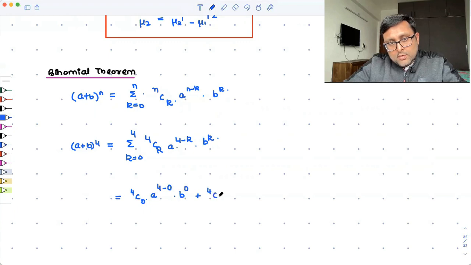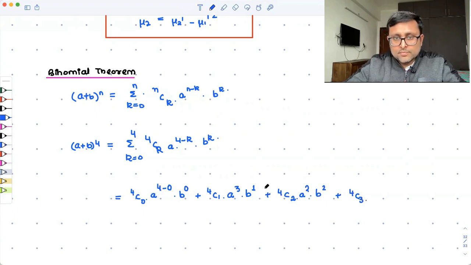Plus 4C1 a to the power 4 minus 1, that is 3, b to the power 1. Plus 4C2 a to the power 4 minus 2, that is 2, b to the power 2. Plus 4C3 a to the power 4 minus 3, that is 1, b to the power 3.